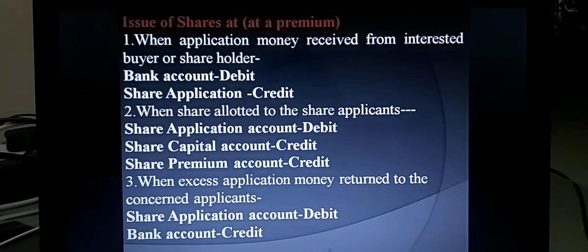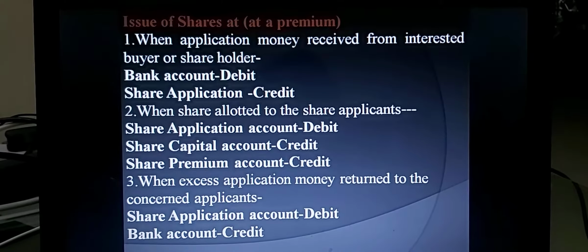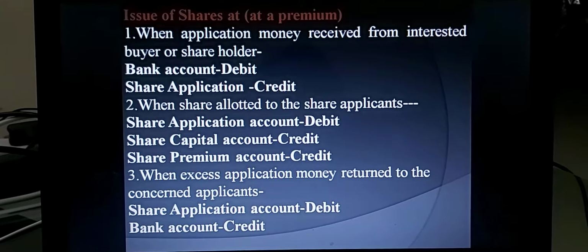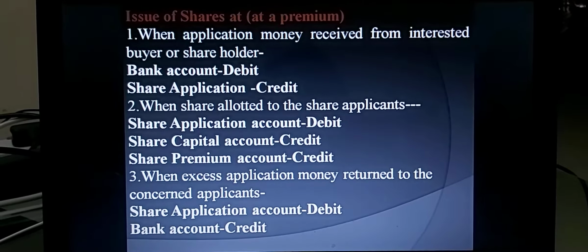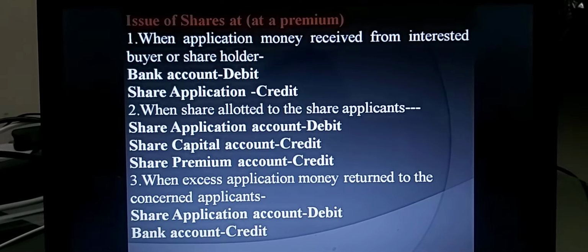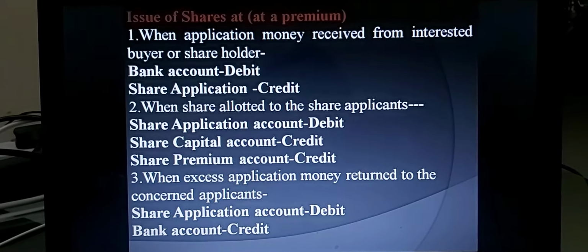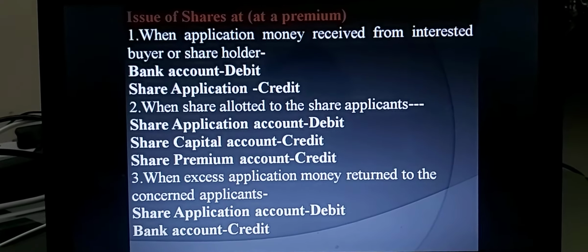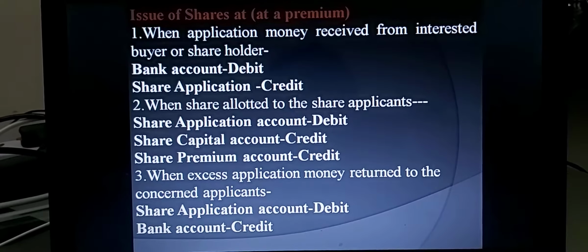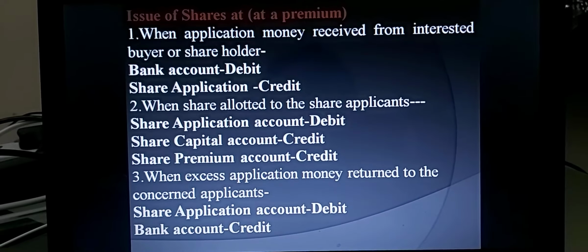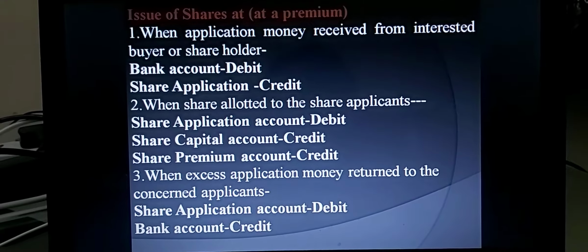You see the first journal is the same at all levels. Number 2, when shares are allotted to the share applicants with premium, the journal is share application account debit, share capital account credit, share premium account credit.